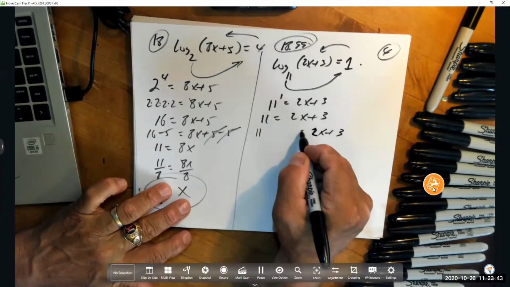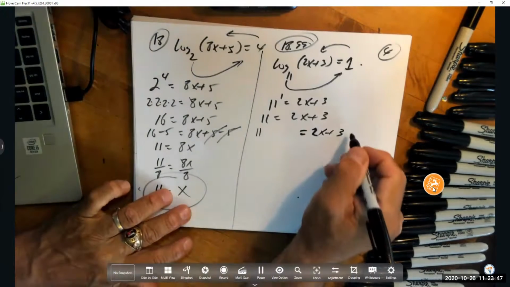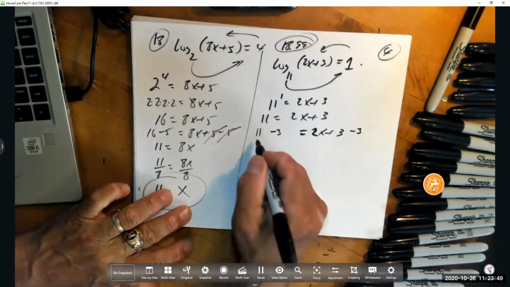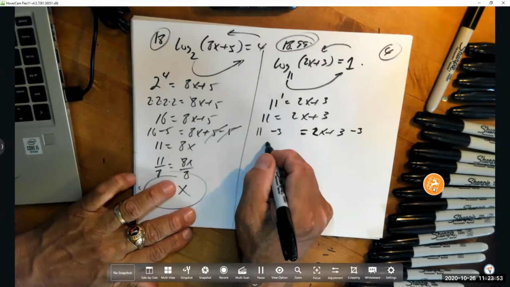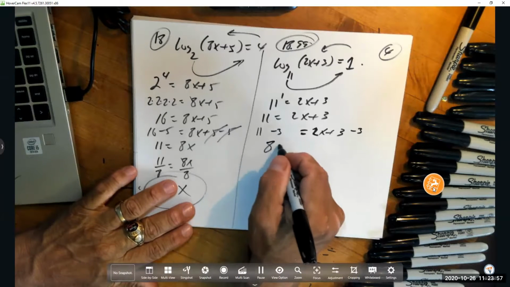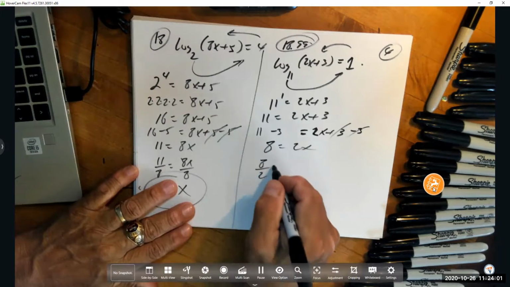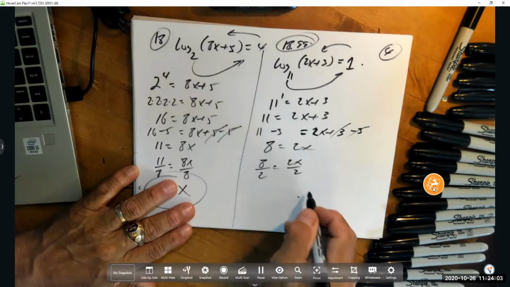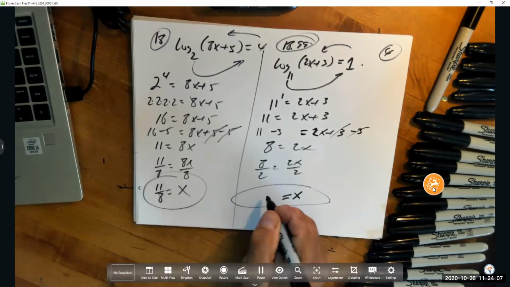Subtract what from both sides? 3. Minus 3, minus 3. So 11 minus 3 is, give me a number. 8. So now divide both sides by 2.